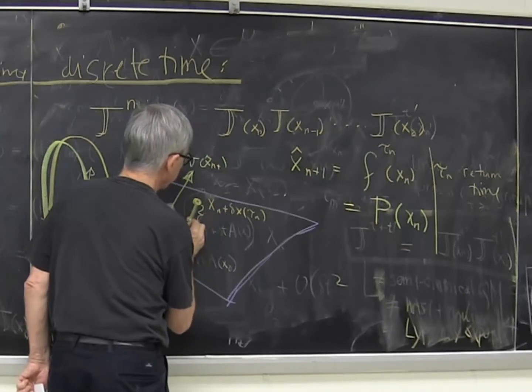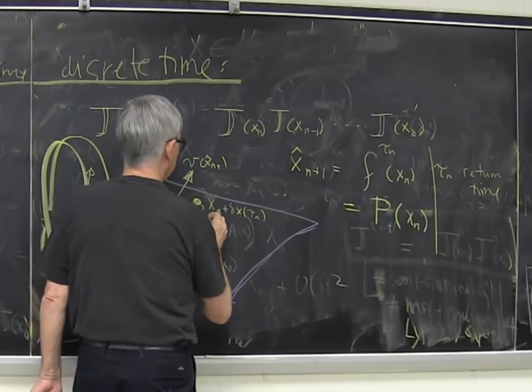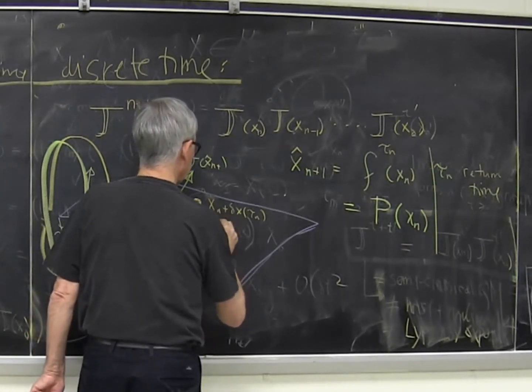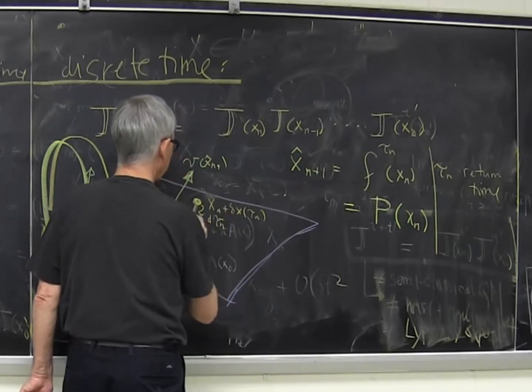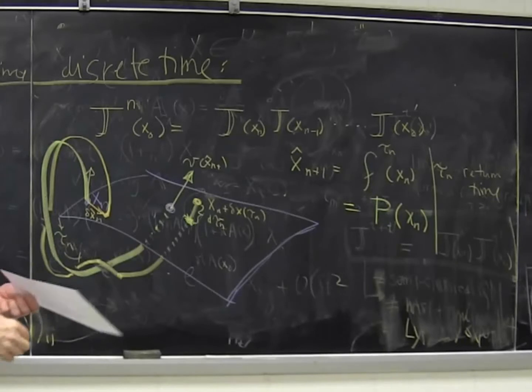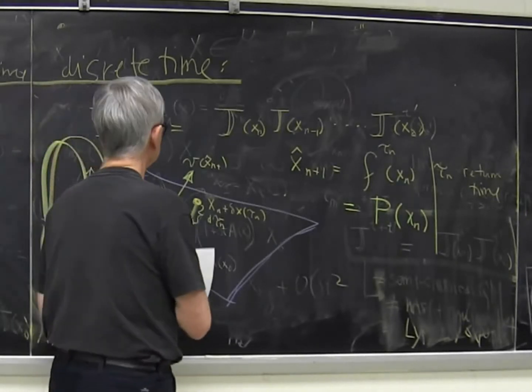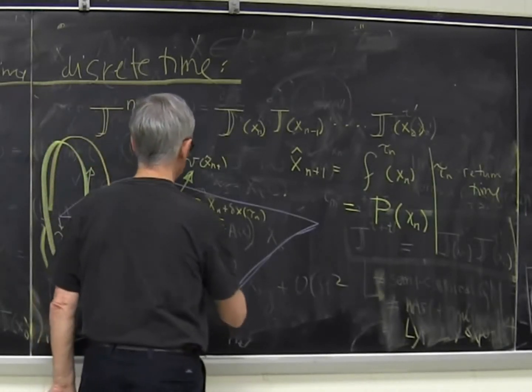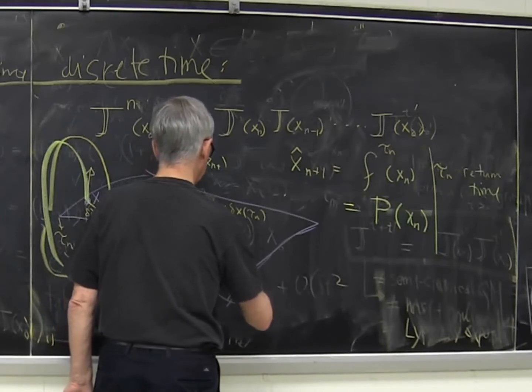So to compute this, you have to compute this delta tau n to find the true intersection. This is really xn plus 1.